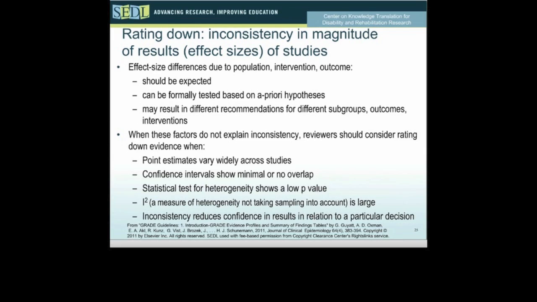Statistical tests for heterogeneity showing a low p-value. If you calculate I-squared, the measure of heterogeneity, that doesn't take sample size into account if it's large. Whatever it is, this inconsistency reduces our confidence in the results in relation to making a particular decision.